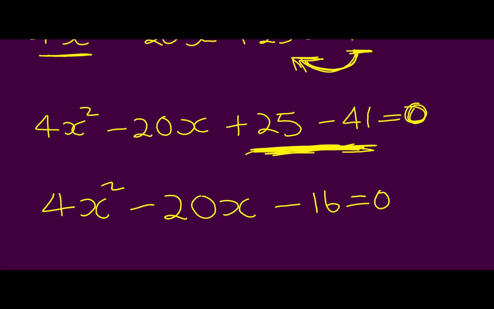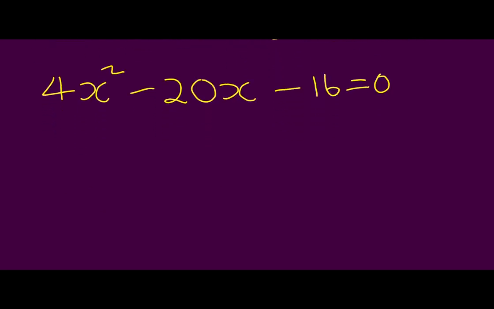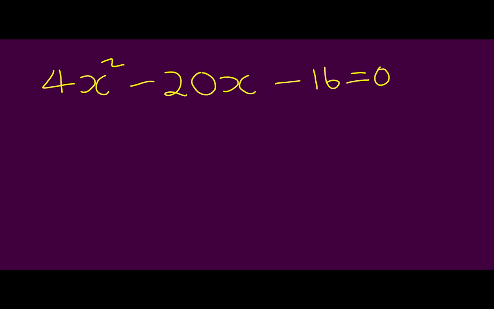Then from here, we're going to divide the whole equation by this coefficient 4, and also on this side by 4. Obviously, we know 4 divided by 4 cancel each other.